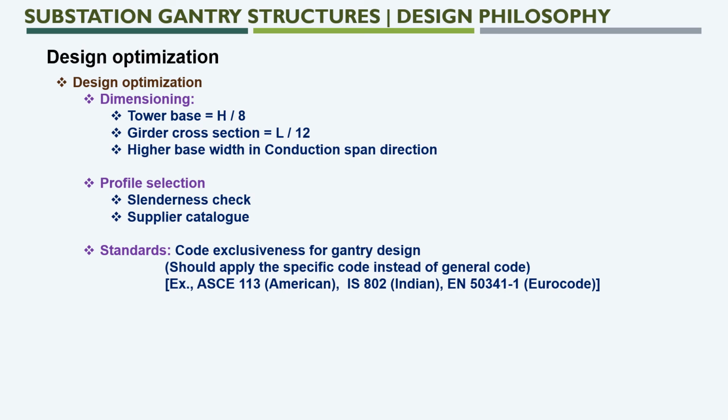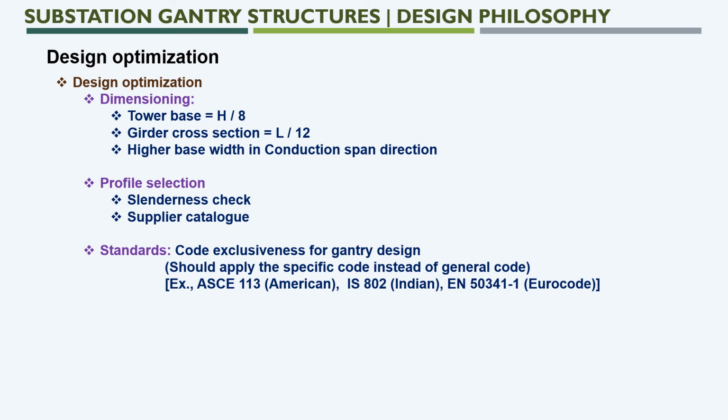So these are the sample specific codes for gantry structures, for substation structures, because ASCE 113 will give you optimal load combination solutions. That is, the factor is less when compared to general code. That is ASCE 7 2010. Similarly, in Indian standard 802 is to be followed for substation gantry structure design instead of 875 loads and load combinations.